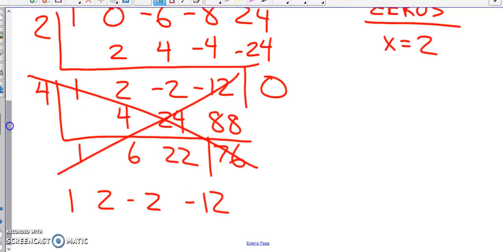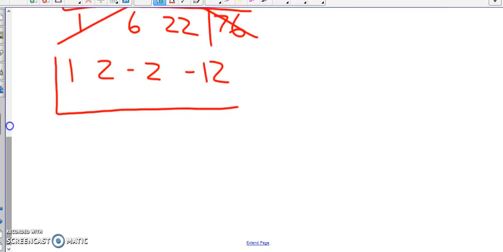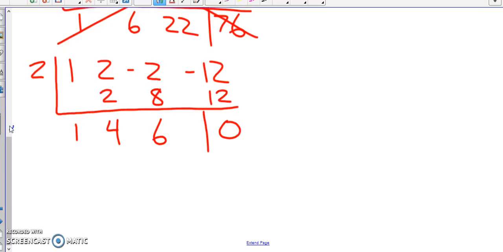Okay. Now, let me make a suggestion. Let's try 2. Just because it works once doesn't necessarily mean it won't work again.